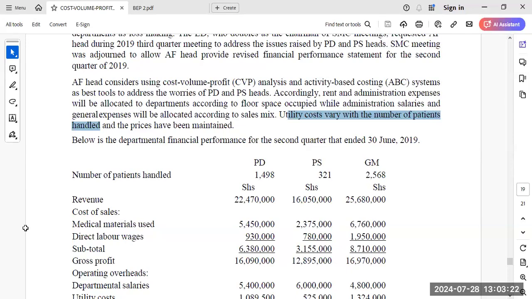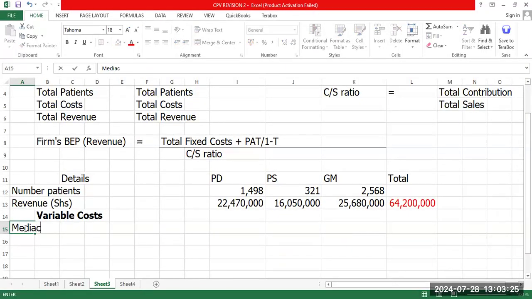So here I will put medical materials used. Then I will put here direct labor wages. Then I put here departmental utilities.